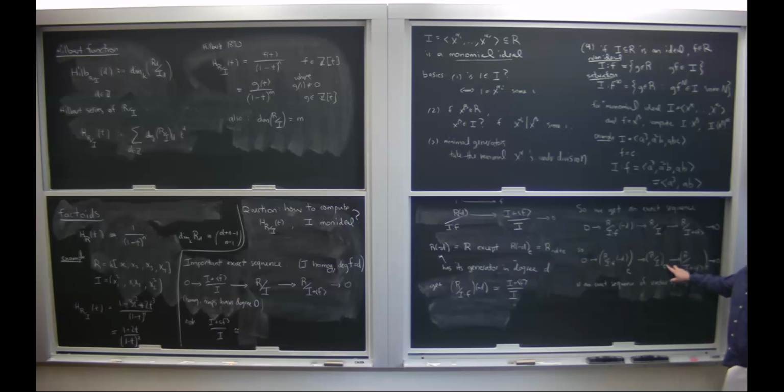Now, the great thing about vector spaces and this kind of thing is that the dimensions are additive, right? So the dimension of this one is going to equal this one plus this one.